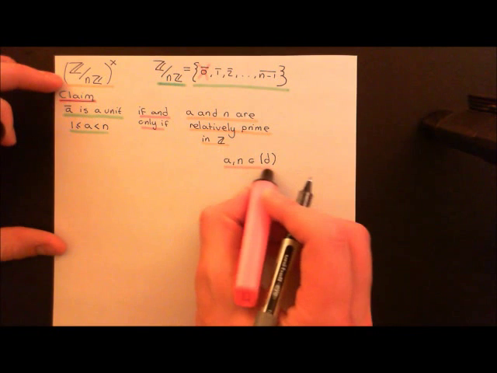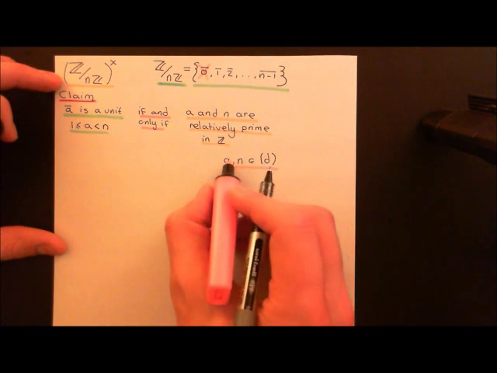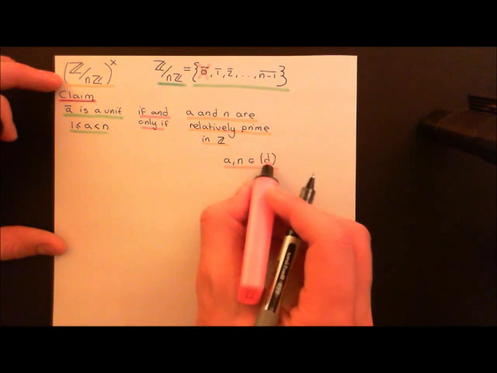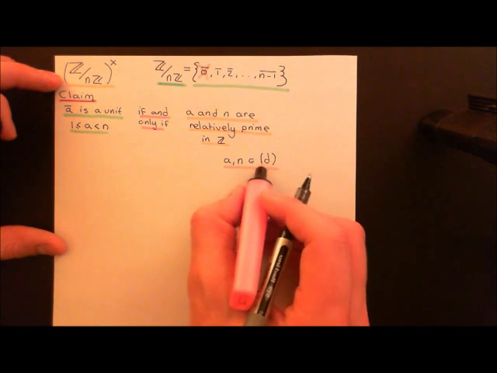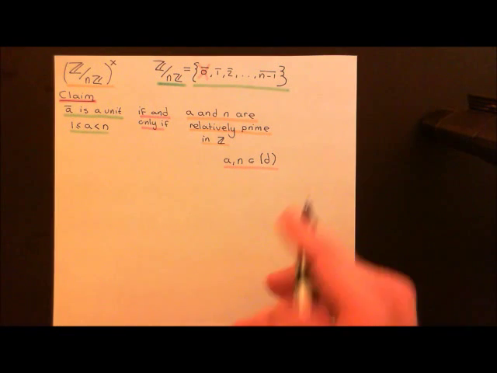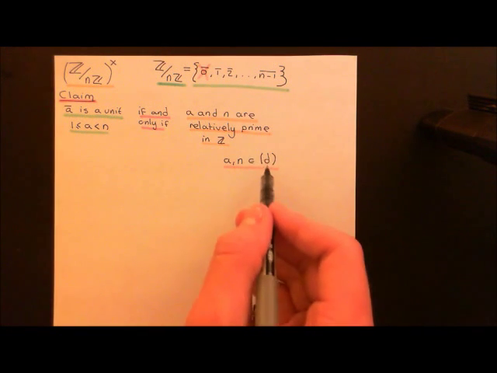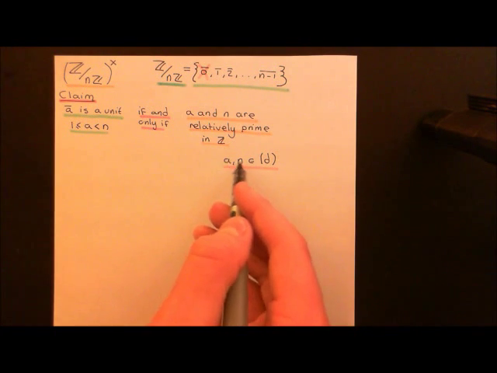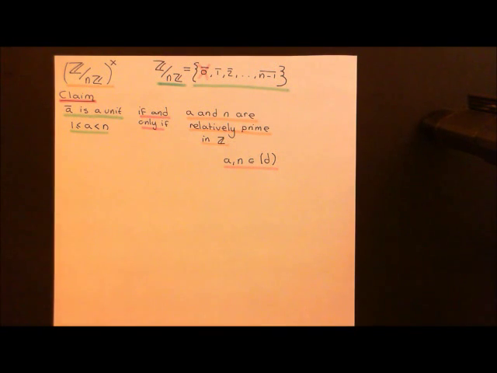Okay, that's quite simply because being a common divisor means that A is a multiple of D and N is a multiple of D. Okay, so this is the set that contains all multiples of D, so they must be contained within that set. But of course we know that this is an ideal in the integers. Okay, so that means that if you've got any element that's in an ideal, all of its multiples must also be in that ideal.